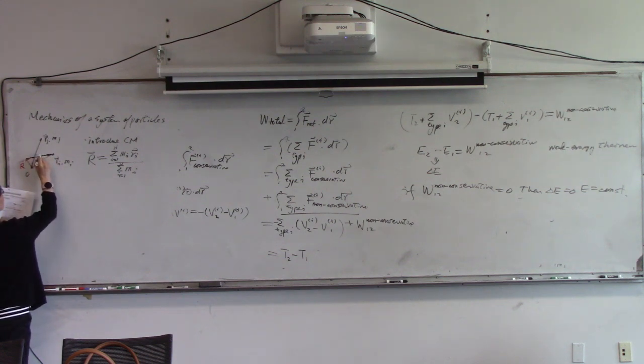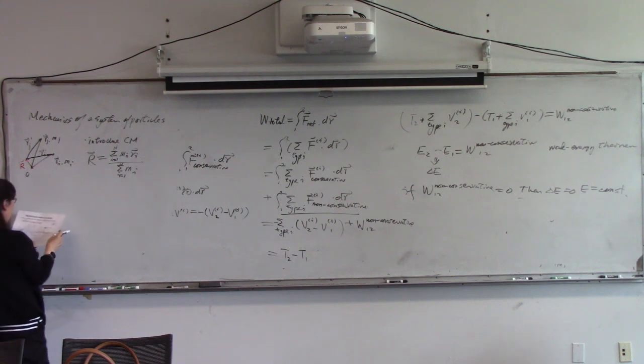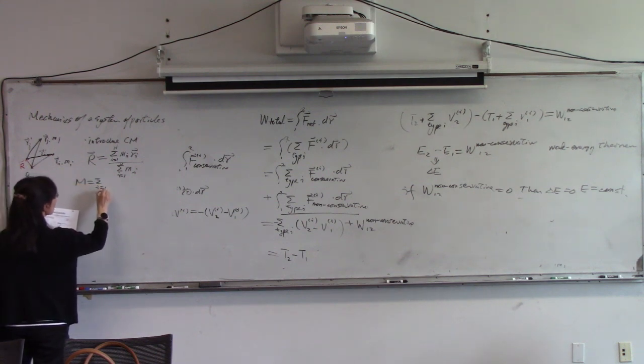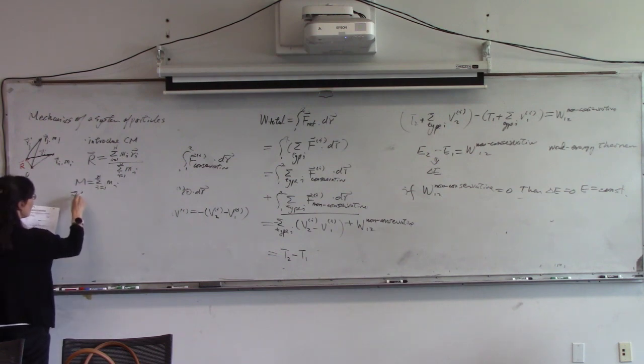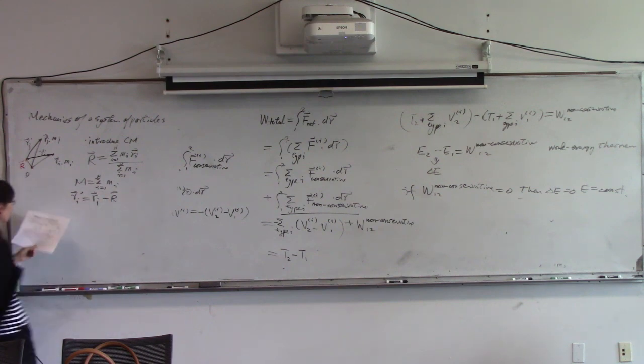We call it R prime i, and another one is R prime g, right? So we have a relative position with respect to R. Now capital M is the summation of all the mass. Then we have Ri prime is Ri minus capital R, right? You can see this relation of vectors.